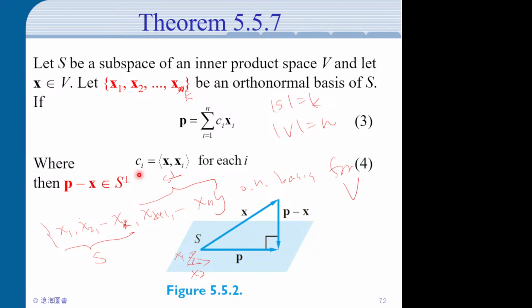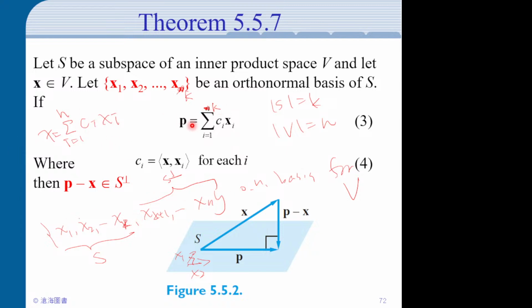So in terms of this basis, X will be equal to the sum from i equal 1 to n of Ci xi. Because it is a basis for the whole space V, we can say X is a sum of coefficients and elements.